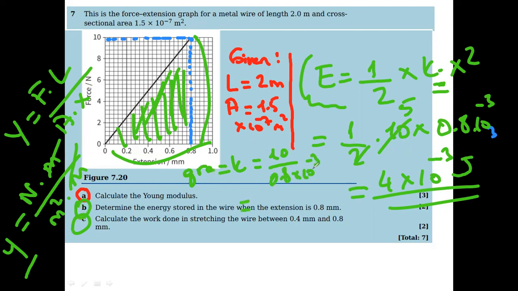From here, 10 to the power of minus 3, if it goes upside, it will be plus 3. 10 times 10 to the power of 3 divided by 0.8. So 10 divided by 0.8 equals 12.5. 12.5 times 10 to the power of 3 Newton per meter. So it's K.